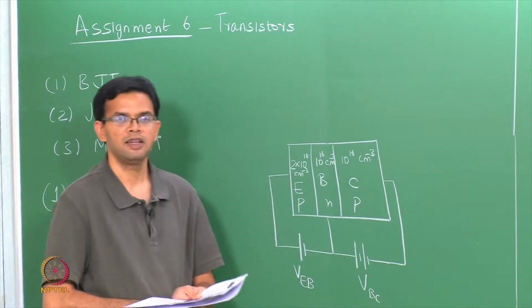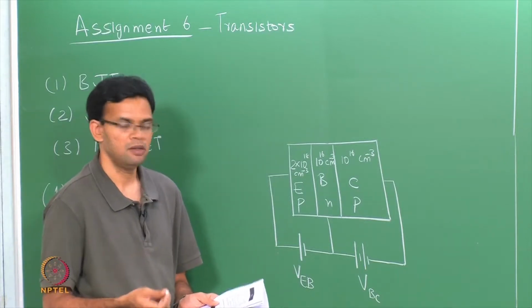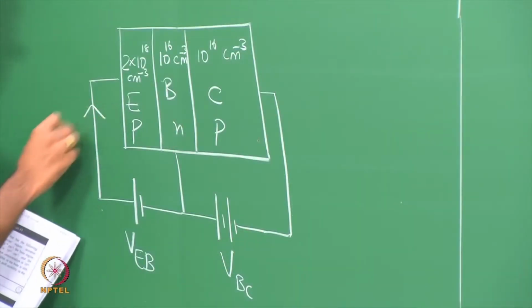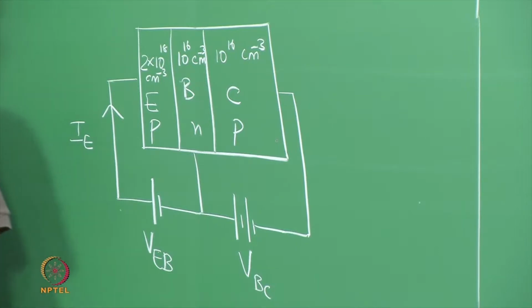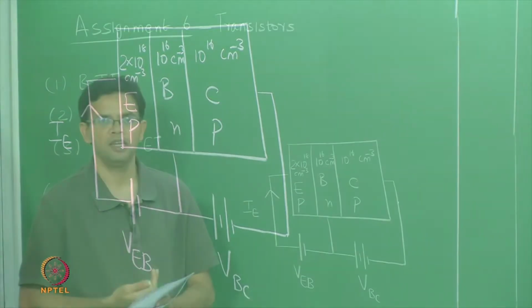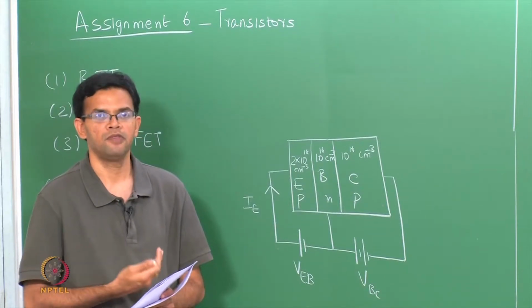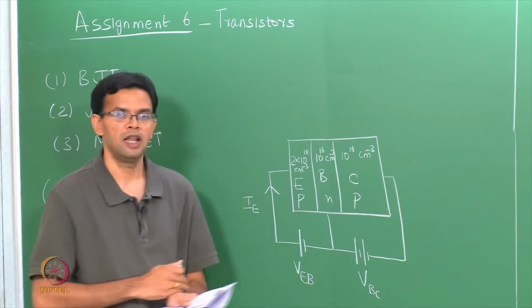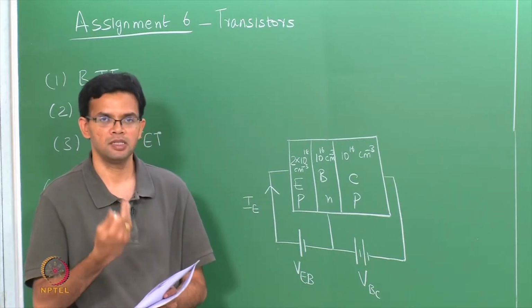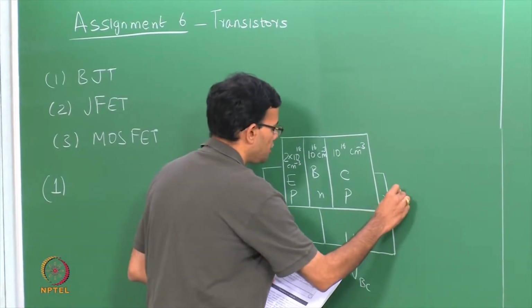So, in this particular case, holes are injected from the emitter to the base, so that there is an emitter current IE. These holes are essentially minority carriers in the base. They will recombine with some of the electrons in the base, but most of the holes will essentially move from the base to the collector, and that forms your collector current.